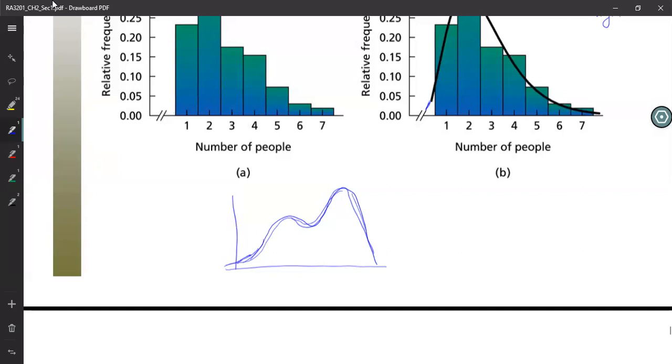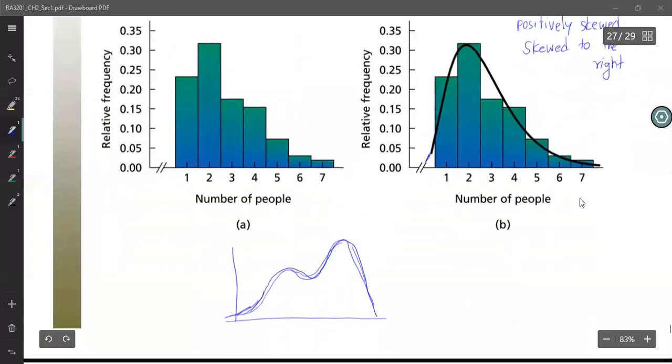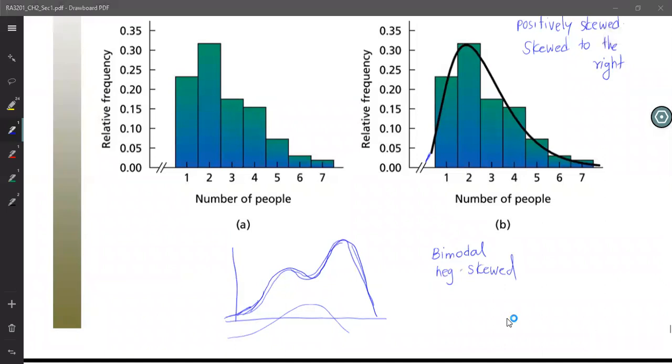So how do you explain the distribution of the data? You can see clearly two visible peaks. So this is bimodal. And see, it is like this, right? So the left tail is longer than the right tail. So this is negatively skewed. Bimodal and left skewed. Yes, this is bimodal and left skewed. Okay.